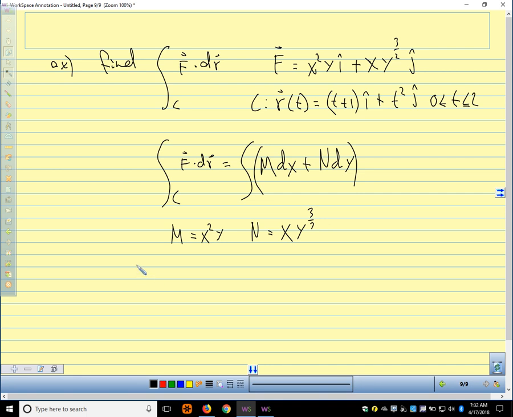On the curve, x equals t plus 1, so dx is dt. And y equals t squared, and dy is 2t dt.